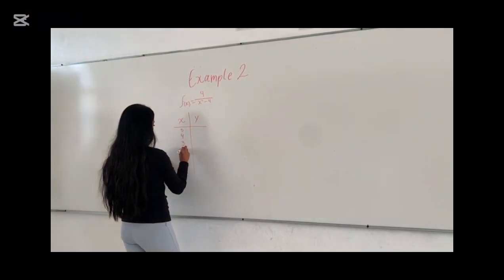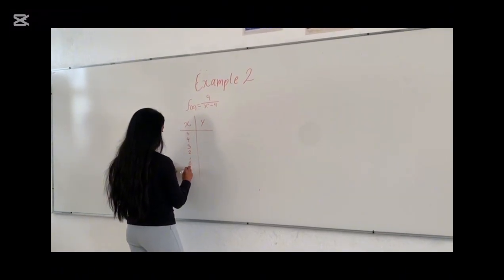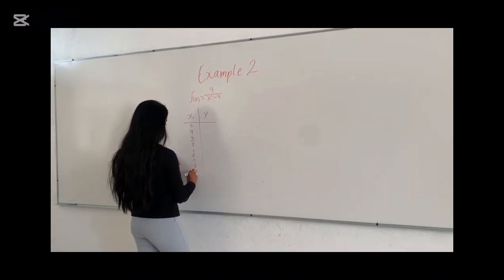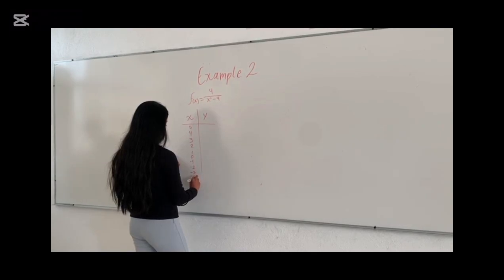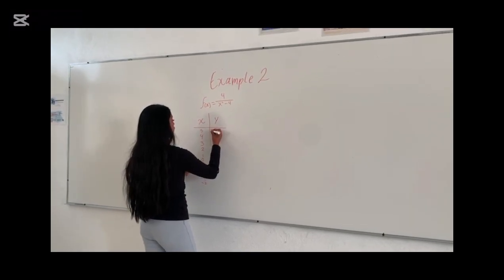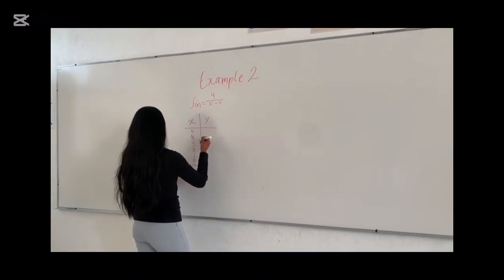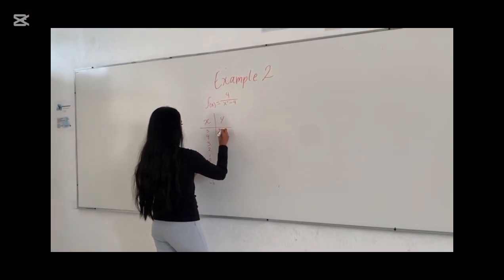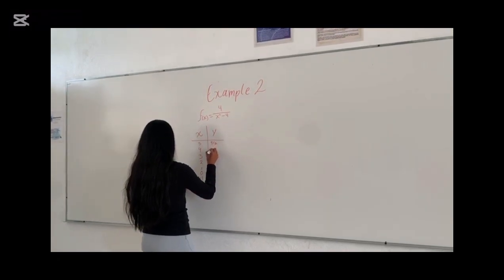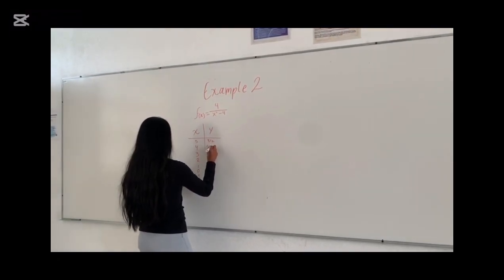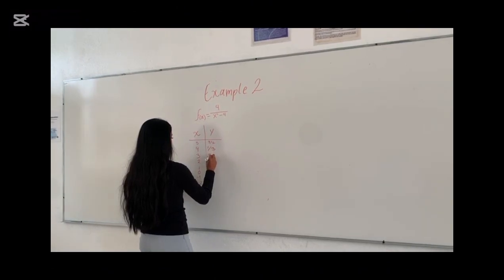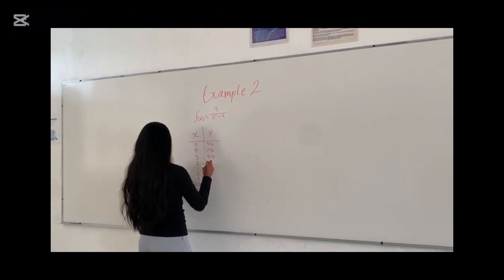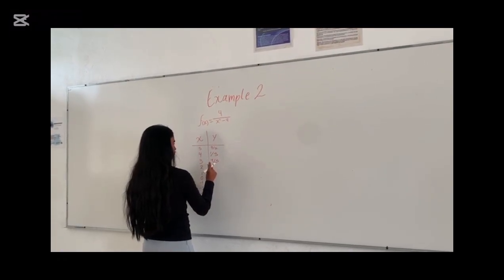In this case, it is 2, since 2 times 2 is equal to 4, and -2 times -2 is also 4, so 4 minus 4 equals 0.